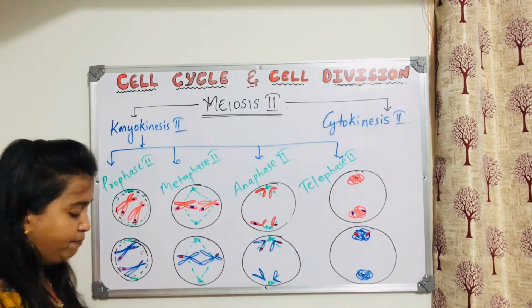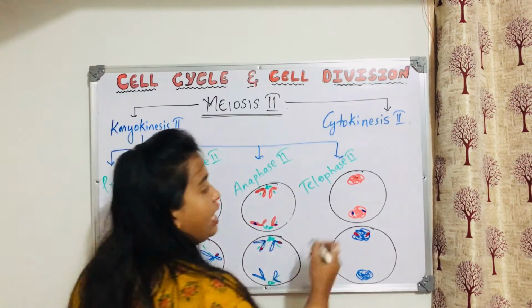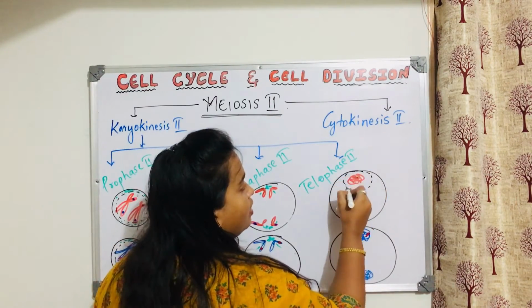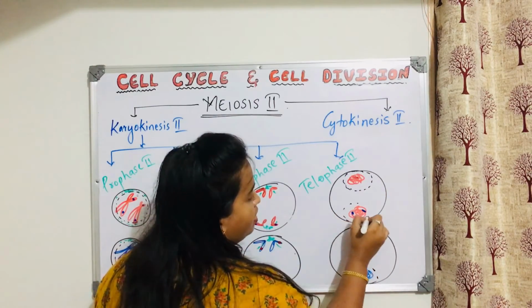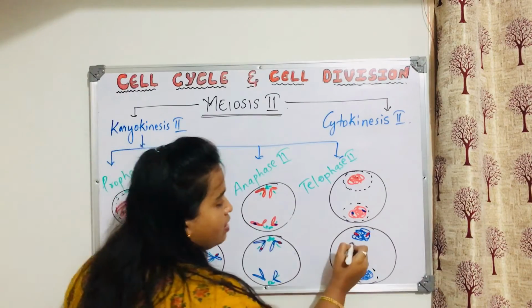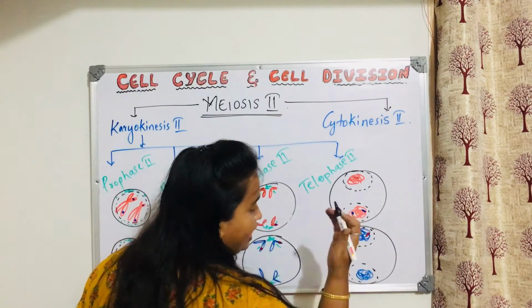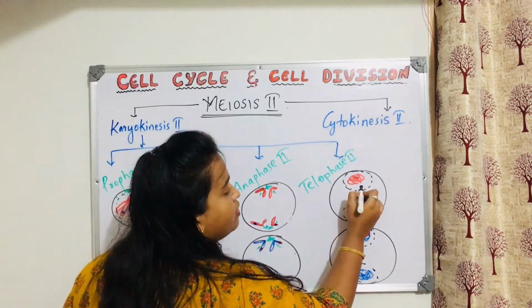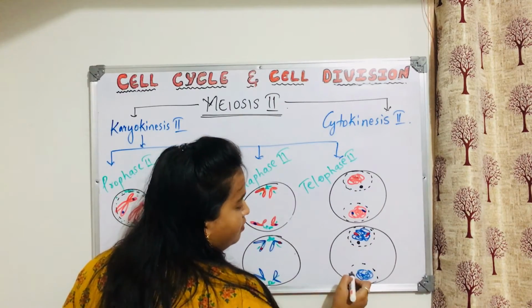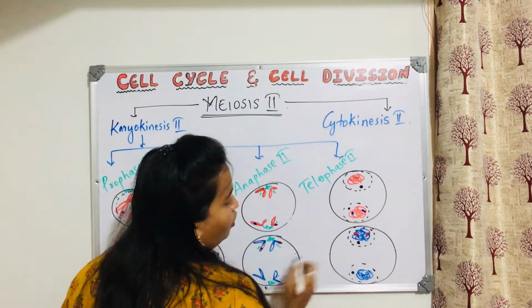And then what will happen? Nuclear envelope will start beginning again. Yes, nuclear envelope, because telophase 2 is opposite of prophase. In prophase, nuclear disintegration had happened. Now here, reappearance. Then again, nucleolus will reappear, all the 4 nucleolus.